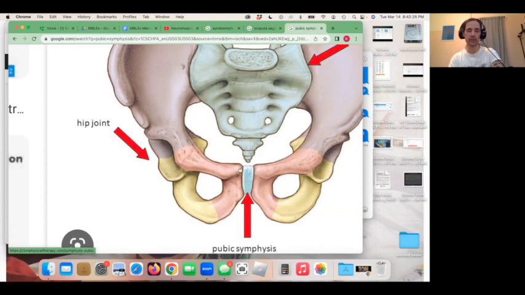And in childbirth, because of the hormone relaxin, which softens all the connective tissue in the body so that the joints can open, this pubic symphysis cartilage can actually stretch a little bit so that the left and the right aspects of the pelvis can drift away from each other, so that this space can open and the infant's head can pass, and then the whole body can pass through that space more easily.